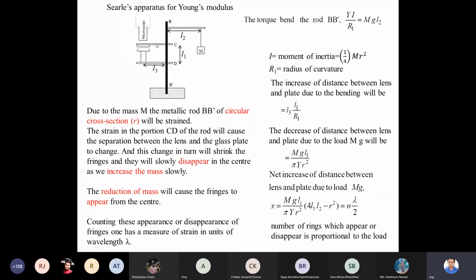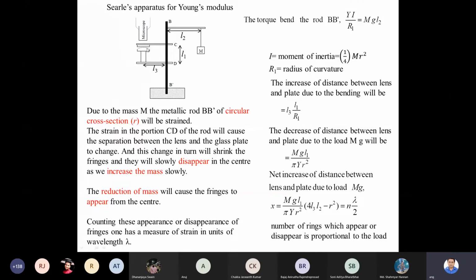You have another two rods where this mount is, and this is your Newton ring produced and viewed through the microscope. So when you put some load, what will happen? This rod will bend. This will go up, and this will also go up.